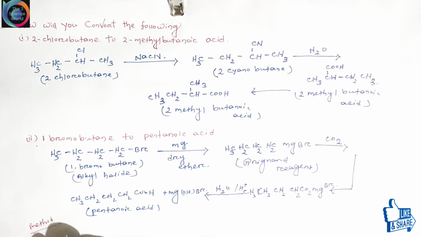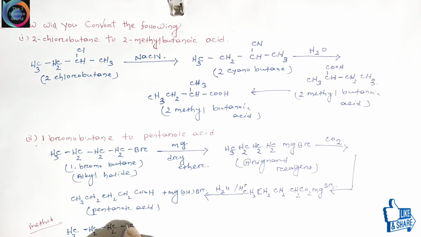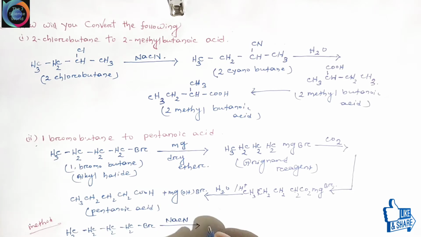The other method is this: when 1-bromobutane reacts with NaCN, it forms cyanobutane.